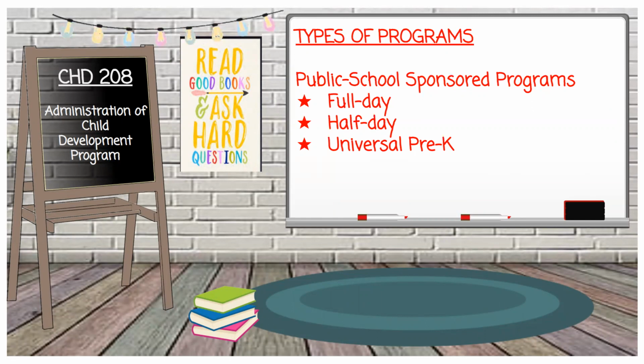Another thing we're seeing emerging with public school sponsored programs is universal pre-K, like our OSR funded pre-K in the state of Alabama. And here's that trend with that universal pre-K. We know that universal pre-K grants all 4-year-olds a quality preschool experience because they're governed by those OSR principles, right?